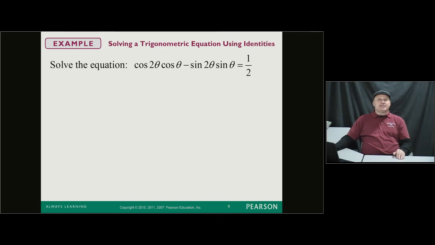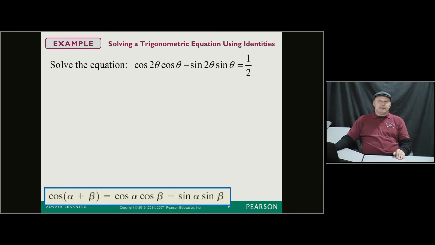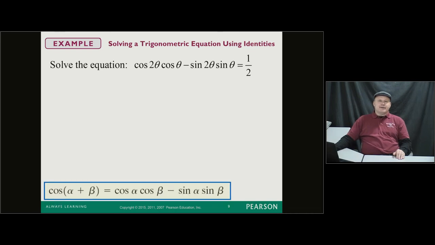Okay, this time we're going to solve an equation: cosine of 2 theta times the cosine of theta minus the sine of 2 theta times the sine of theta equals 1/2. Now, this is one of my addition formulas for cosine. So remember, cosine of alpha plus beta is cosine of alpha, cosine of beta, minus the sine of alpha, sine of beta.